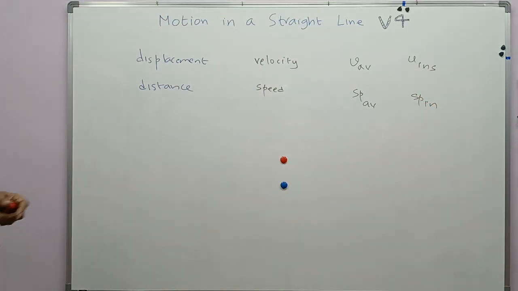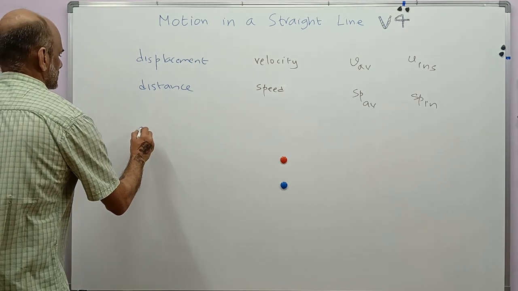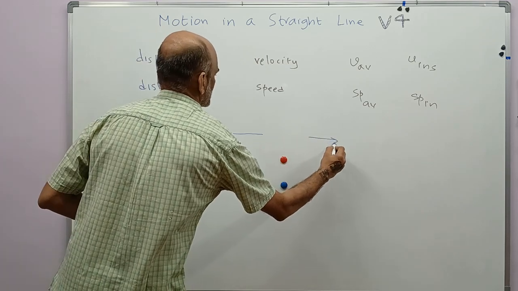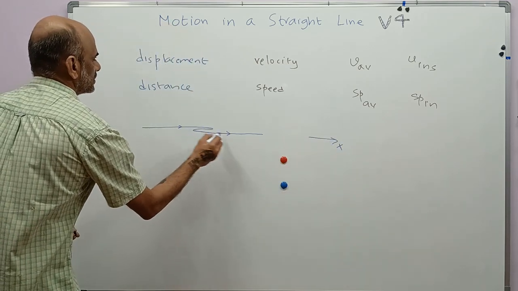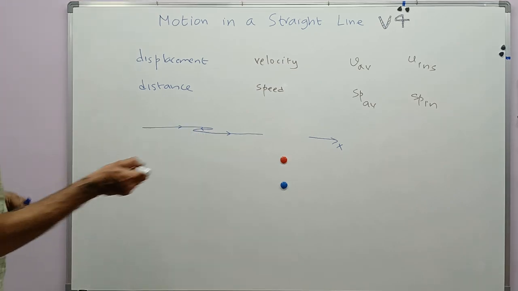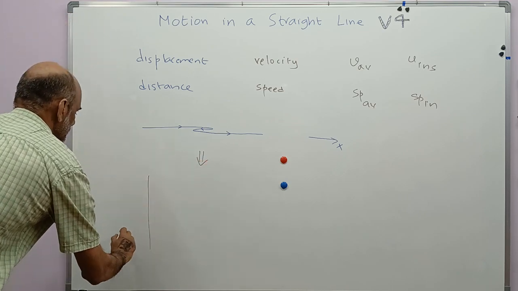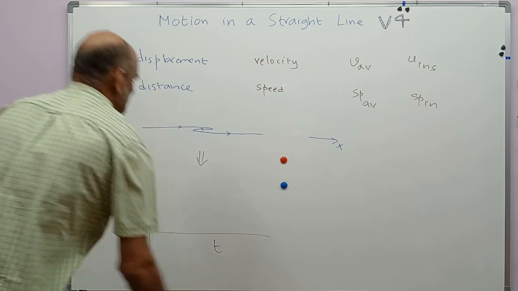Given a trajectory, that is path of the moving object, for example, the body can move like this. So this is the positive direction of the x-axis. So given this trajectory, one can get the curve x versus t.